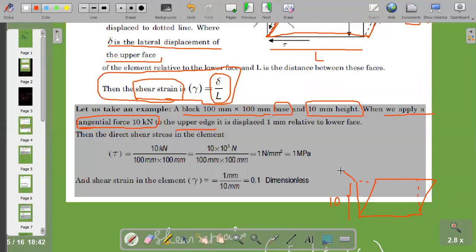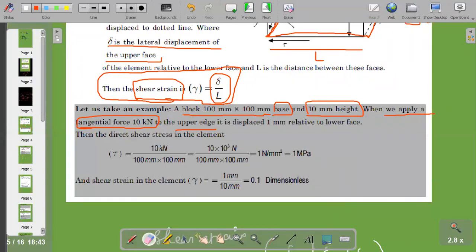This is the 3D height, 10 mm, and length is given at, oh sorry, 100 mm. This is the base 100, this is the height.